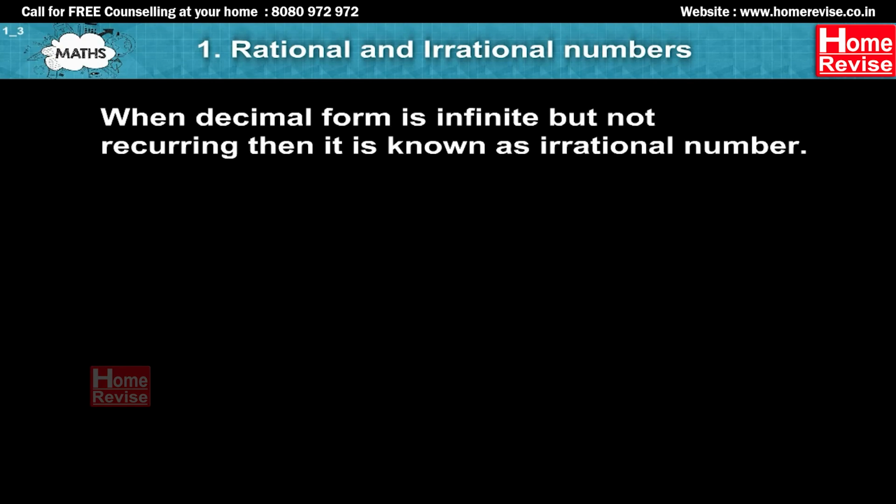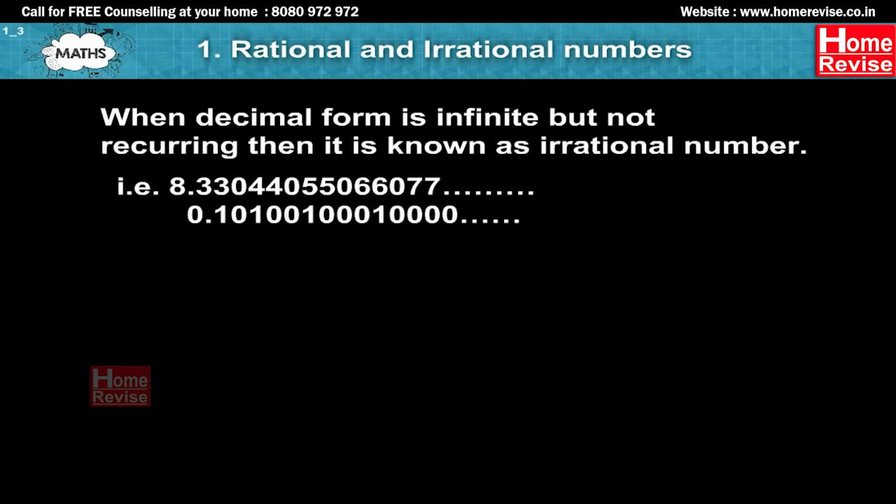For example, 8.33044055066077 up to infinity. Here there is no recurring number, therefore it is an irrational number. Another example, 0.1010010001000 up to infinity.